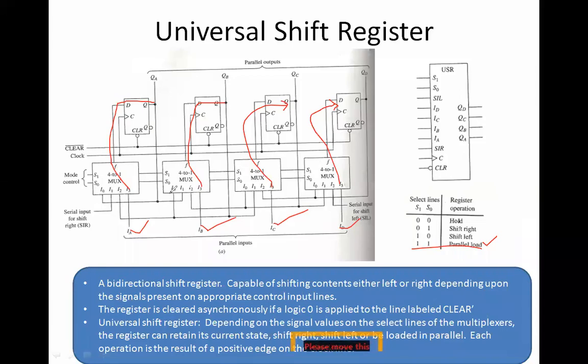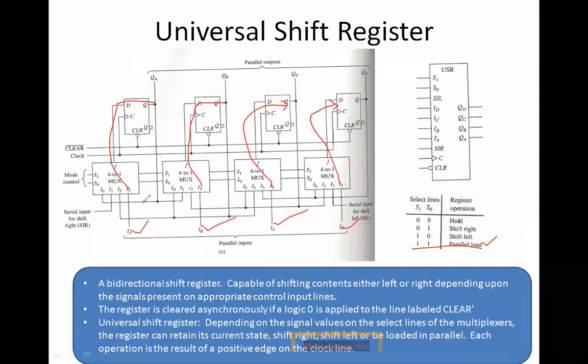Now you have to work out these input lines. Always keep in mind your I1 will be shift right, your I2 will be shift left, and your I3 values will all be parallel inputs.